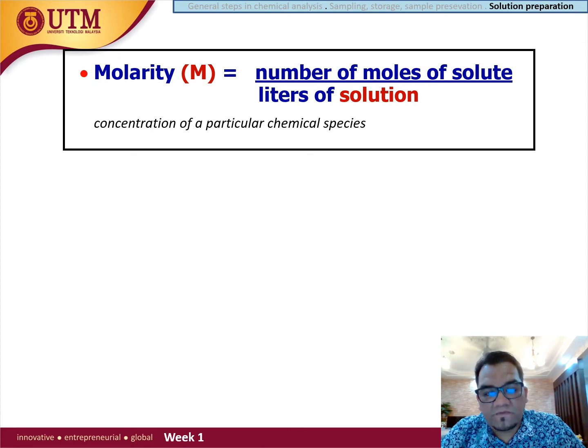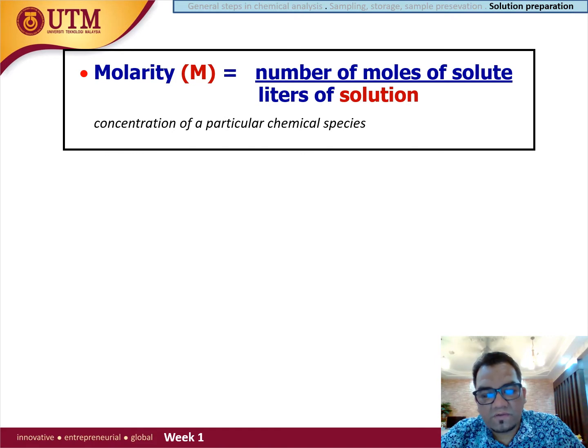But we can have the molarity for a different species in the solution. If we dissolve calcium nitrate in a solution, we have calcium ion as well as the nitrate ion. So we can have the molarity of calcium ion and the molarity of the nitrate ion.